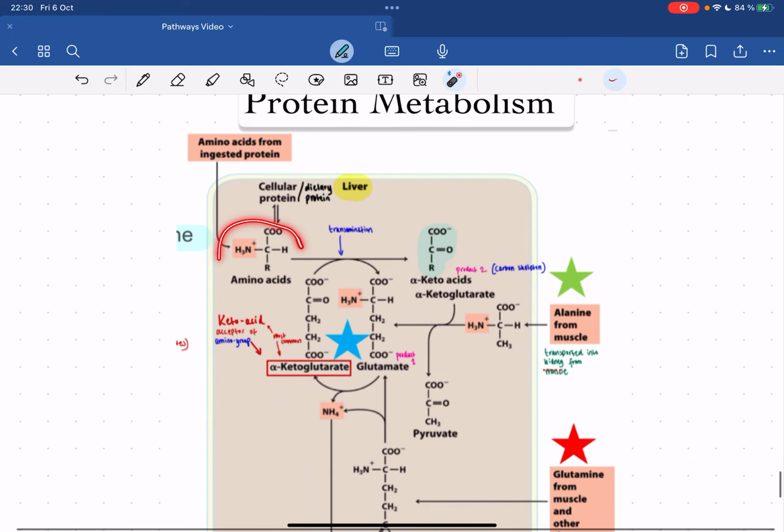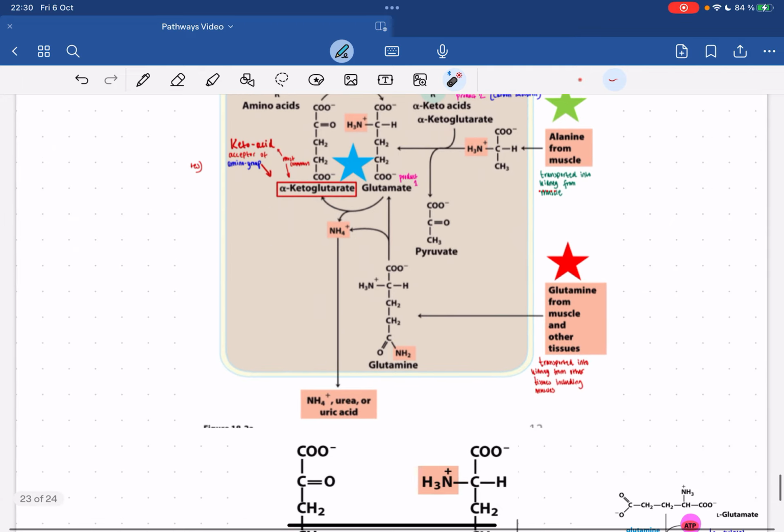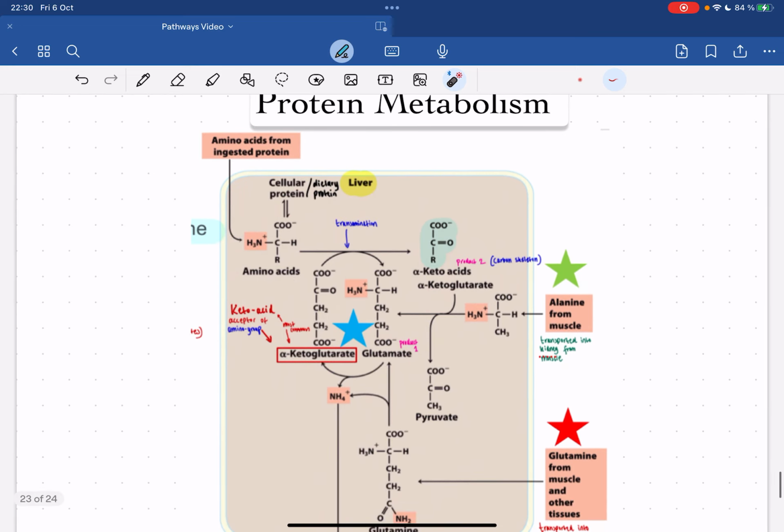Now, these amino acids can get into the liver, and I also think that they can go into other cells, but the amino acids are then broken down. Like if we don't need this amino acid, we need to somehow break it down and excrete it from our body, right?